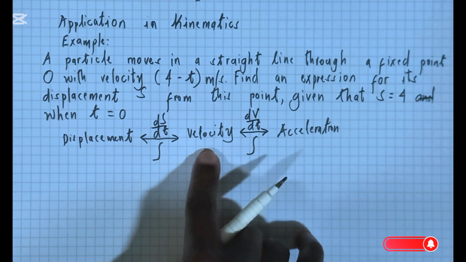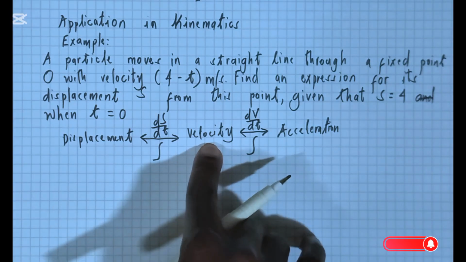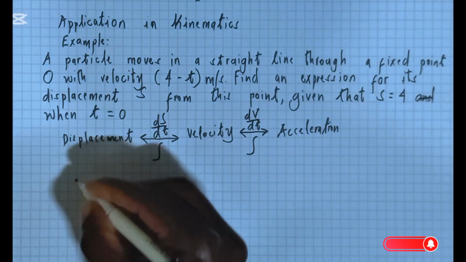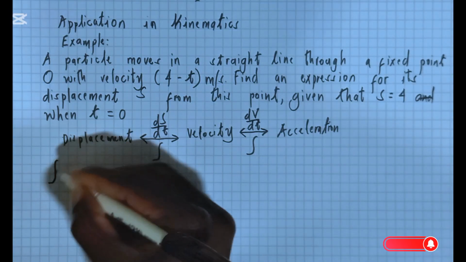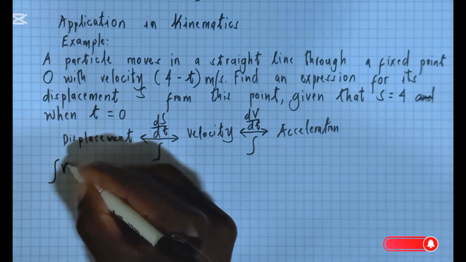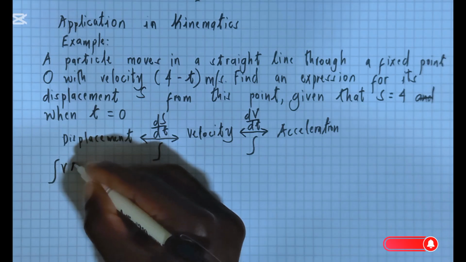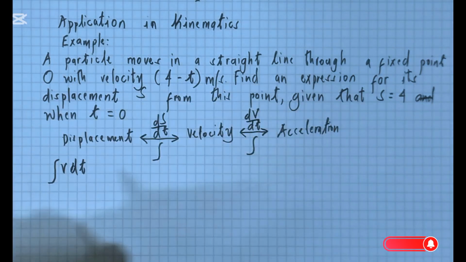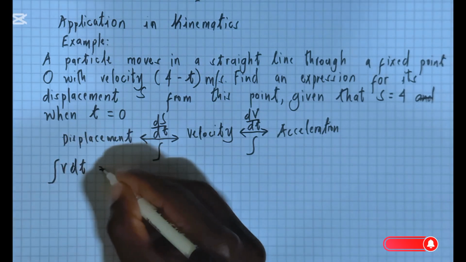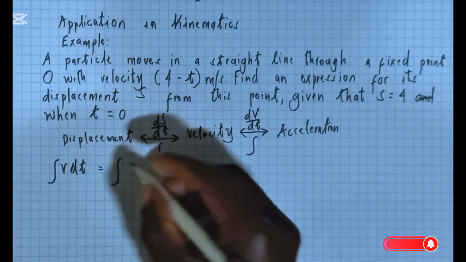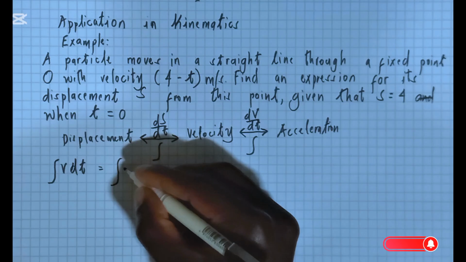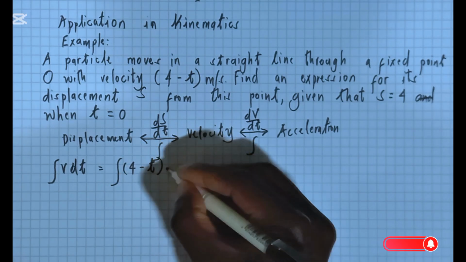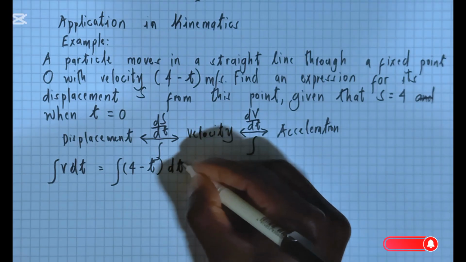So that means we're going to have to integrate the velocity that we've been given, 4 minus t, to get displacement. So the integration of v with respect to t, in this particular case we've not been given any limits, will be equal to the integration of 4 minus t with respect to t.